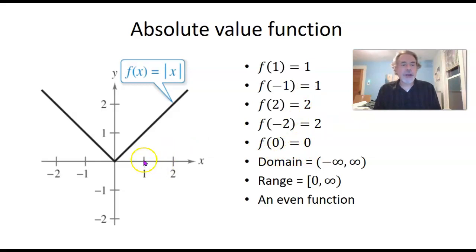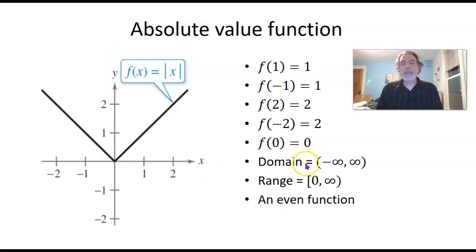So you can see all that on the graph. When x is a positive number, this just looks like that identity function we were looking at. But if x is a negative number, the y-coordinate isn't down here negative, it's up here positive. So the graph has this V shape with a sharp turning point there at the origin.